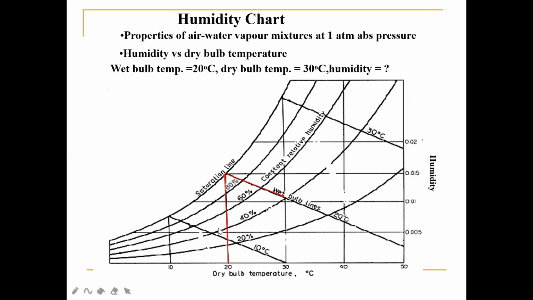And the next step that you have to do is draw a line starting from the point where this vertical line crosses the saturation line, and you will have to find the wet bulb lines that are parallel with all the wet bulb lines that you have in the chart. So let's say if your wet bulb temperature is around 15 over here, you go up and it will meet the saturation line over there.